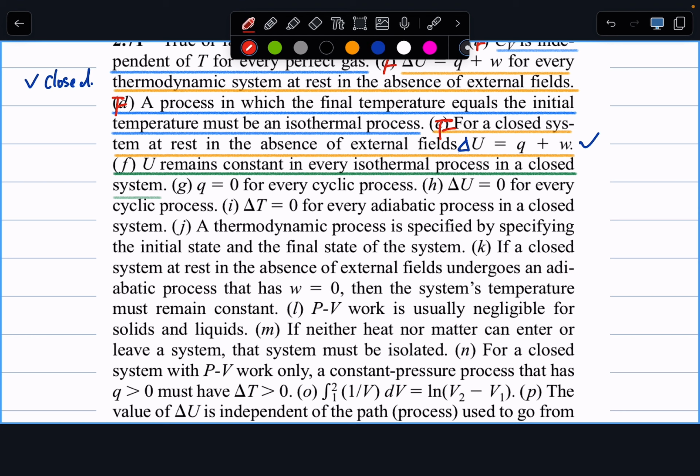One hint here is that for any complex system, our internal energy is a function of volume and temperature. But for ideal gases, my internal energy is only a function of temperature. So that means this statement will be true if we specify it being an ideal gas.